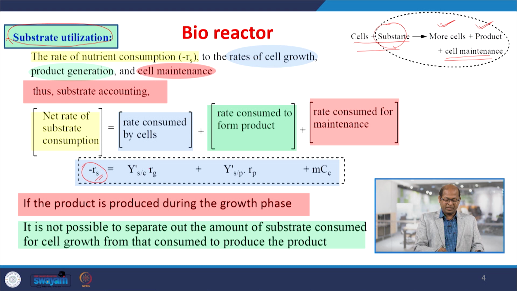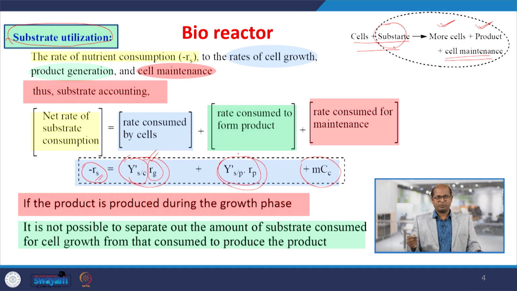So, if we sum up these three ways, new cell formation, product formation and cell maintenance, the substrate is being consumed. Here Rg is the rate of cell formation and Y prime S by C is the yield of the cells per unit of the substrate.